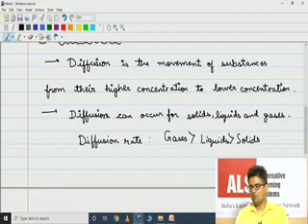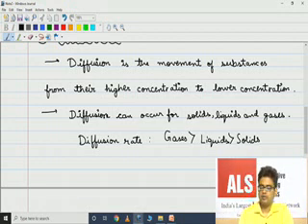Okay, you don't remember, or maybe you have not studied it. For example, hydrogen gas is lighter, oxygen gas is heavier, so their rates of diffusion go as 1 upon under root M. If I compare the diffusion of hydrogen versus oxygen, hydrogen will be diffusing 4 times faster than oxygen gas. Okay, this will come in physical chemistry, don't worry about it.